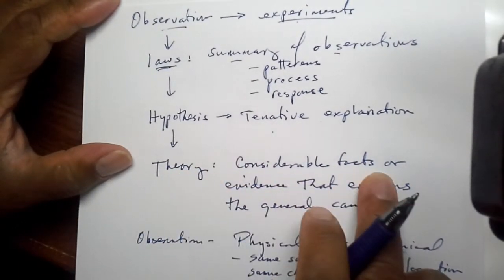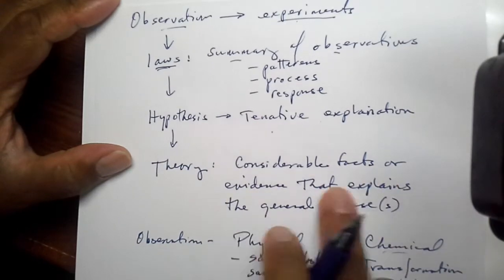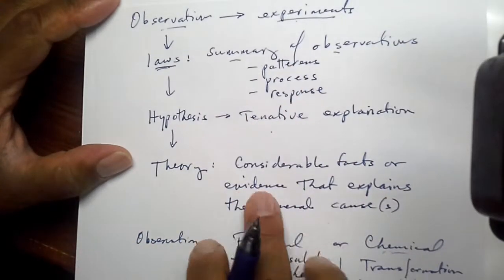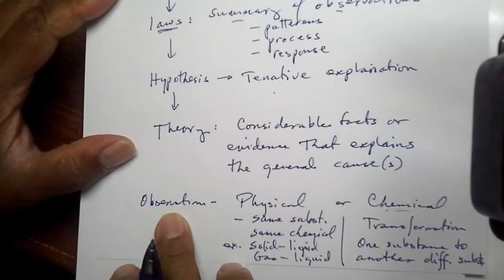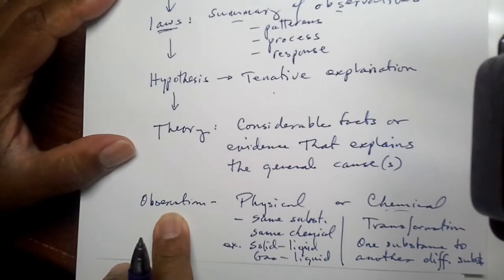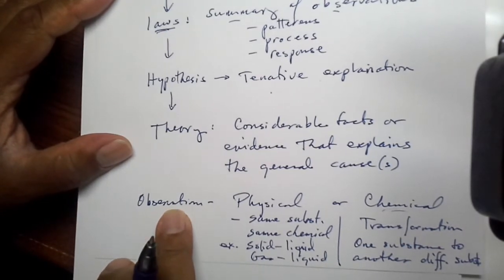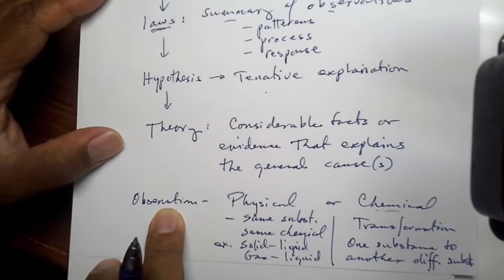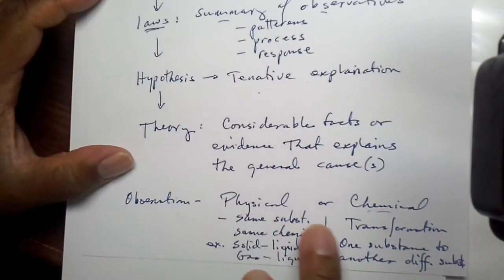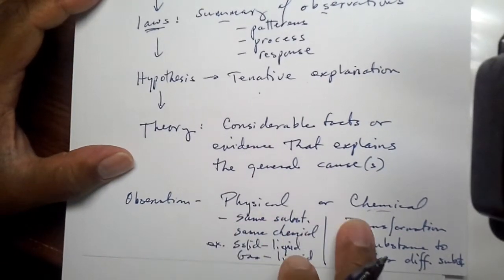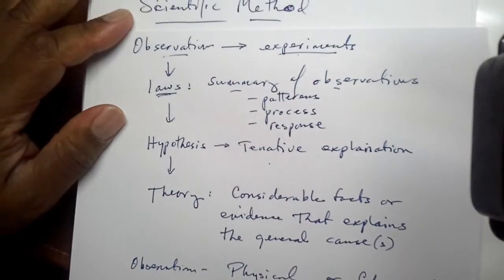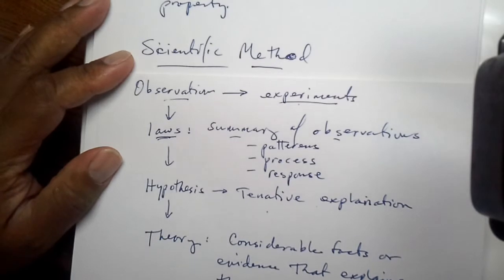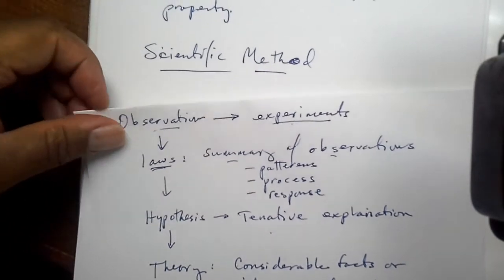And that theory has to be based on considerable facts and evidence repeated many times to give a general explanation of the cause. And our scientific method begins with the observation, either a physical or a chemical observation of change that will result in our conclusions.